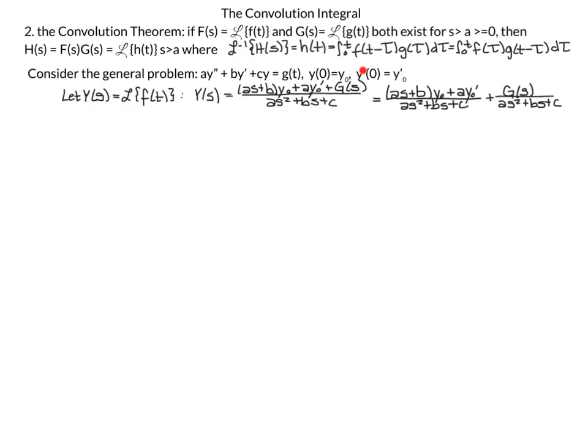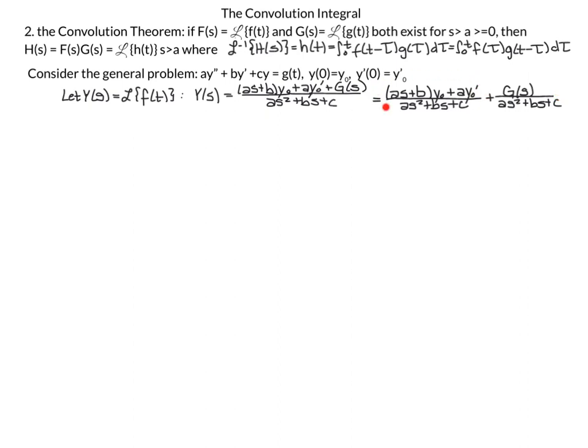I have rewritten the general problem we were considering, ay double prime plus by prime plus cy equals g of t, with initial conditions y of 0 equal to y naught, and y prime of 0 equal to y naught prime. We said that Y of s is equal to this fraction here, and we divided it into two.